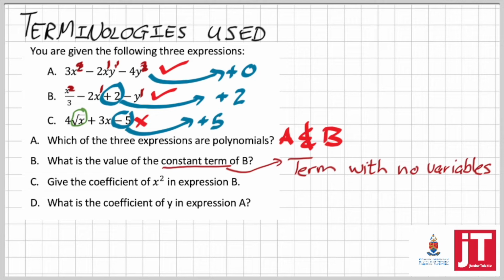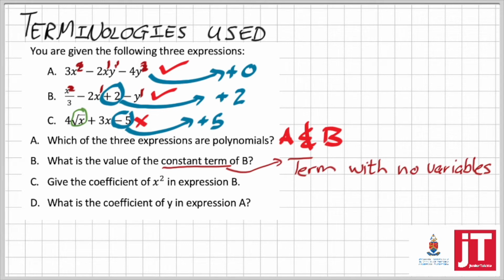So if I look at the three expressions, in expression A, there isn't a single term that has no x or y in it. Okay, I was falling over my words there a little bit, my apologies. In A, there isn't a term with no x or y in it, so it has a constant term of plus 0. Or just 0.